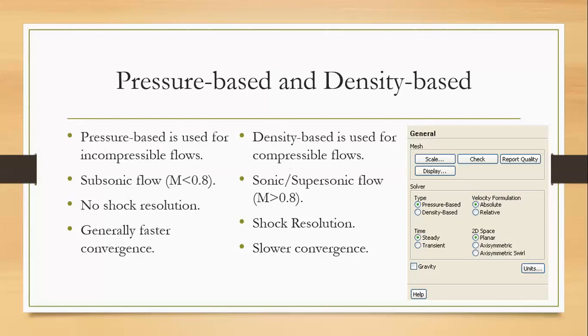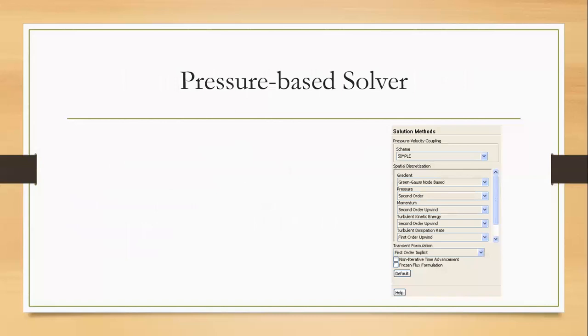Okay. So next, let's look at the methods that are involved in the pressure-based solver. When you go to the Methods tab on the left side of the solver setup, there are always schemes in each of the solvers. There are four schemes in the pressure-based solver.